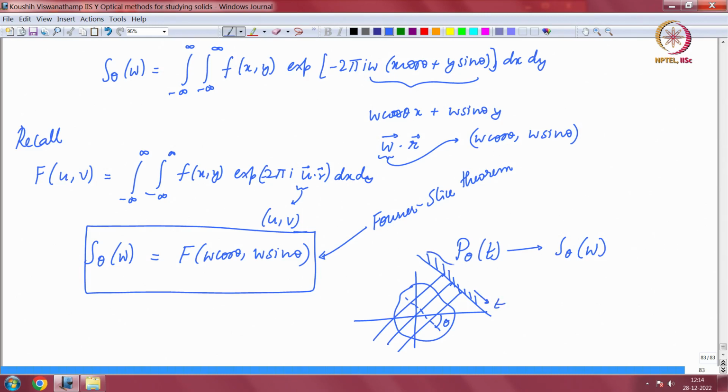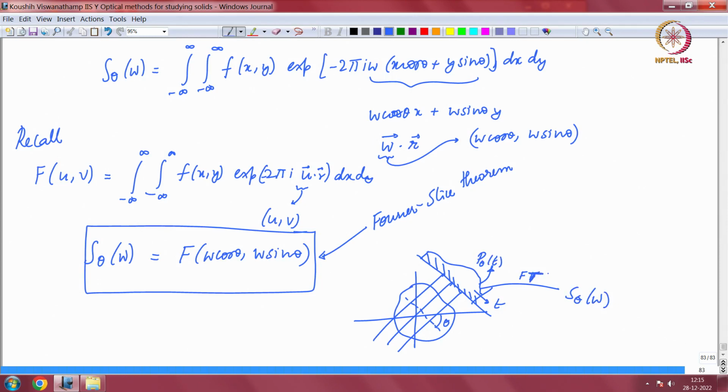So, you take this signal, the projection signal, which is p theta of t for this value of theta, you take a Fourier transform of it, which is what we have done here, and you will get s theta of w.